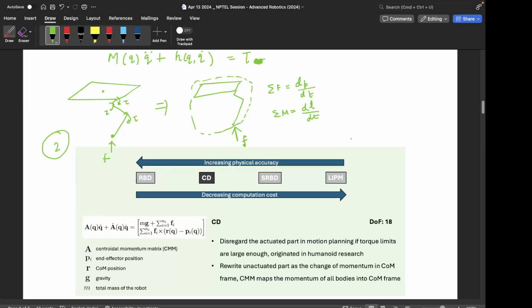So the term that you see here, this quantity is the total momentum in the center of mass frame.